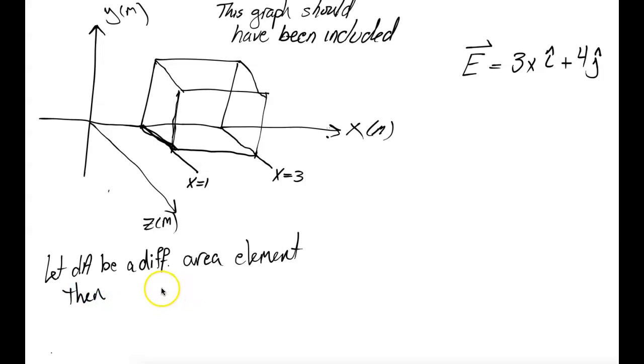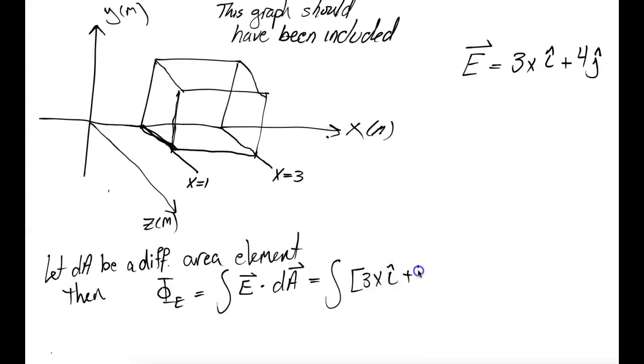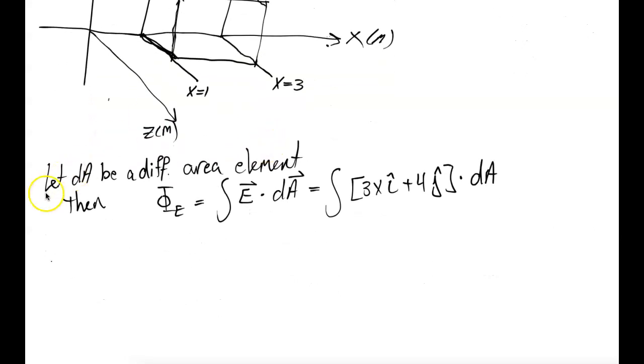Then the flux can be given by the integral of E dotted with dA, which is the same as the integral of 3x i hat plus 4 j hat dotted with dA. And now, depending on which face we're talking about, dA could be in the x direction, y direction, or z direction. So let's take a look at the right face first.